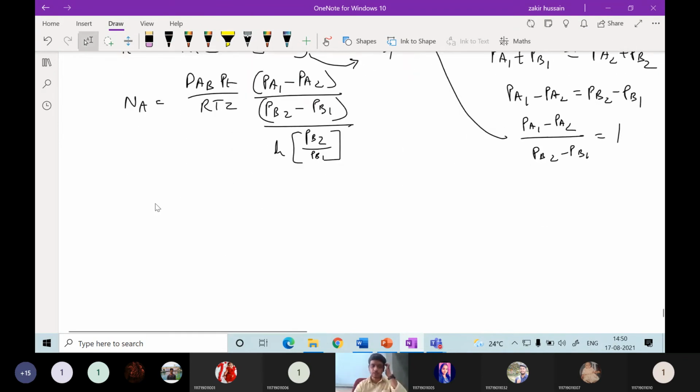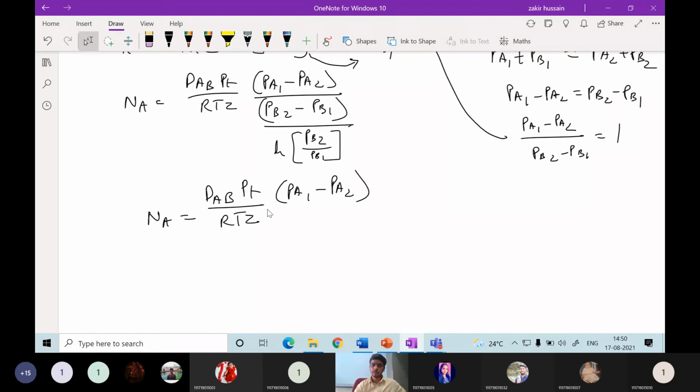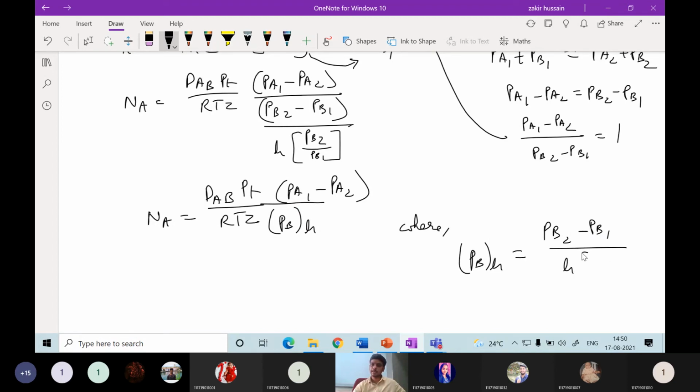Therefore, we can write the whole form as NA is equal to DAB PT by RTZ into PA1 minus PA2 divided by PB log mean, where PB log mean is equal to PB2 minus PB1 divided by ln PB2 by PB1. Is that clear?